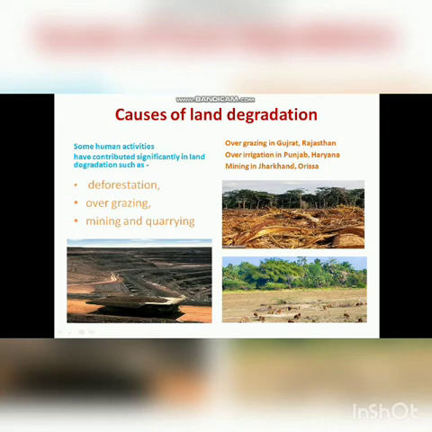Desertification will be the result of overgrazing. And that's a problem in western states of India, Gujarat, Rajasthan, Maharashtra. They have good dairy farming there. So overgrazing is a problem in these states of India.